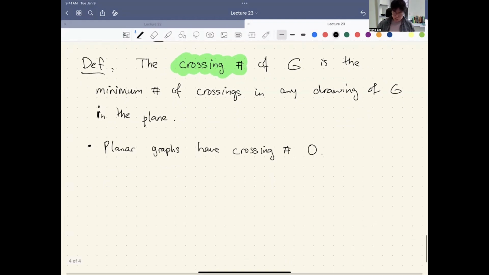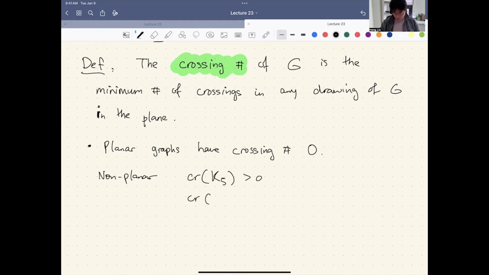Okay, here are some simple non-planar examples. The crossing number of, let's say, K5 is bigger than 0. The crossing number of K3,3 is also bigger than 0; there's no way of drawing them without crossing.